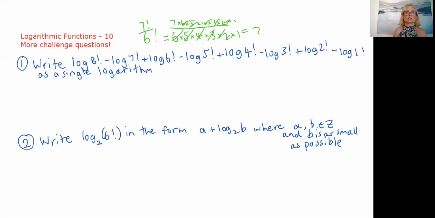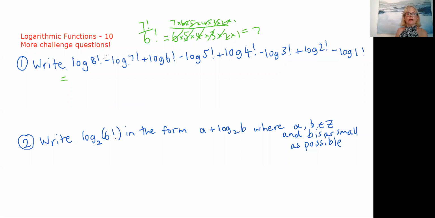Now, our first question says, write log of 8 factorial minus log of 7 factorial plus log of 6 factorial, etc. as a single log. Just to save me having to rewrite this, I'm going to put an equal sign here.